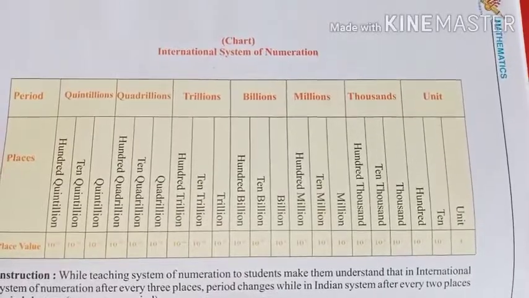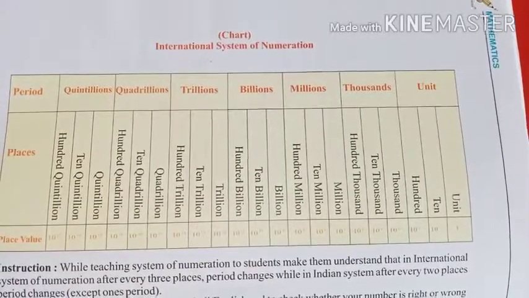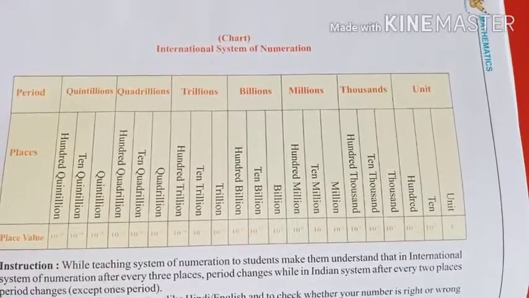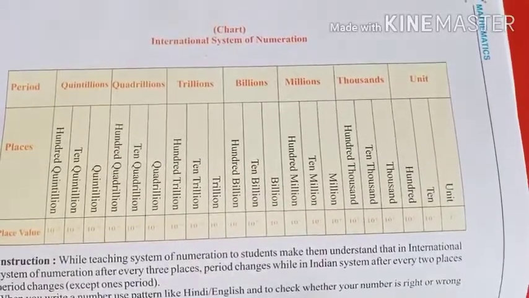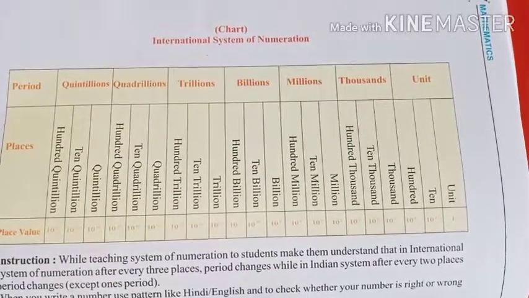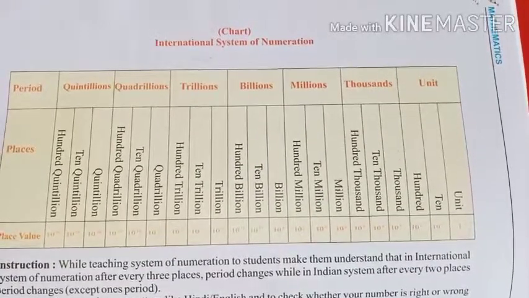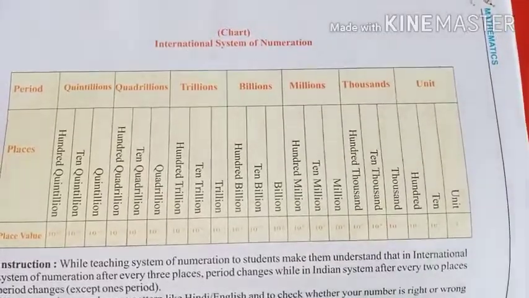In the international system, the period changes after every 3 places. In the Indian system, the period changes after every 2 places. In the international system, after 3 digits we put a comma, because the period changes there.